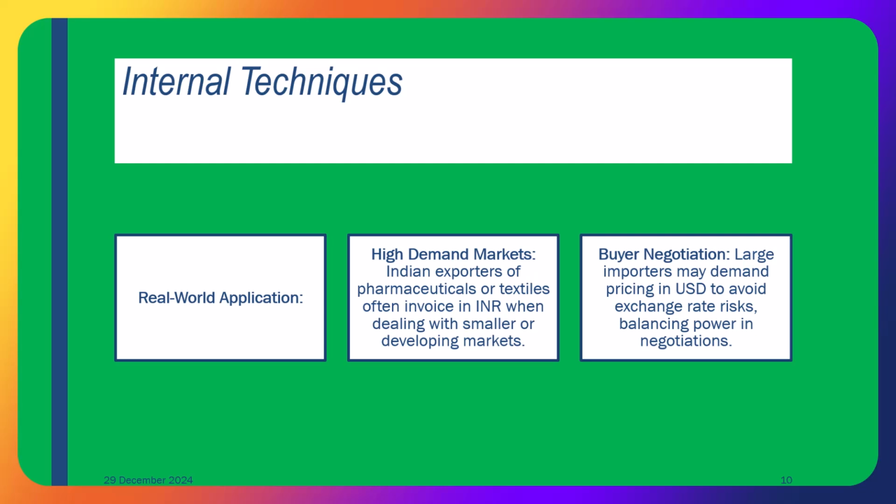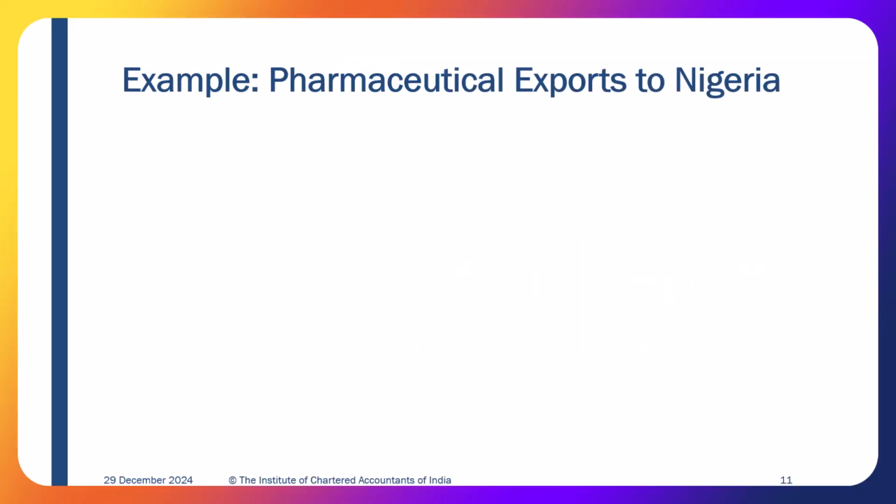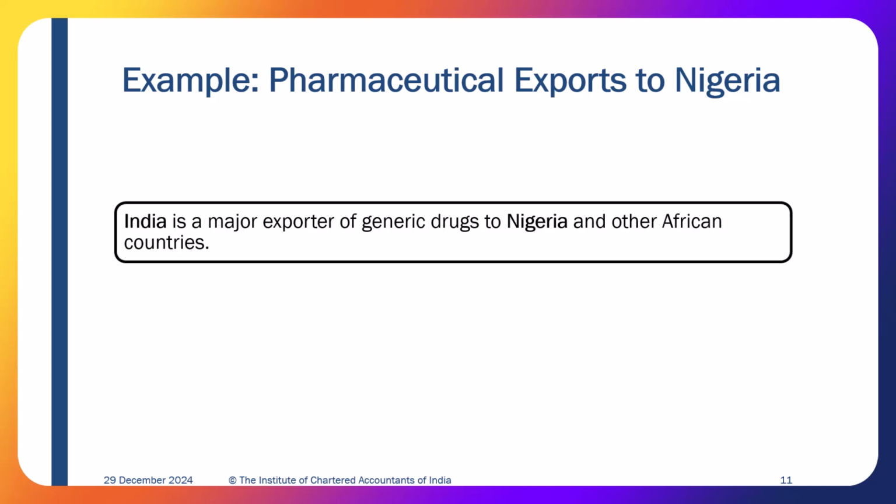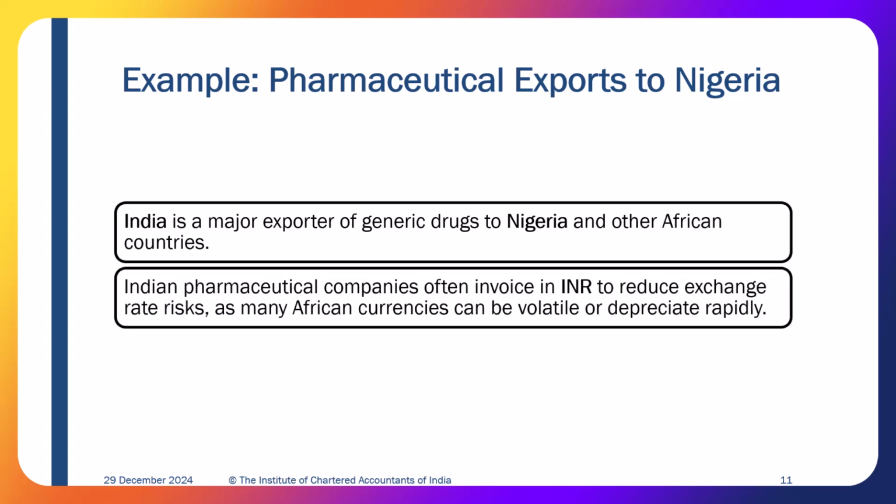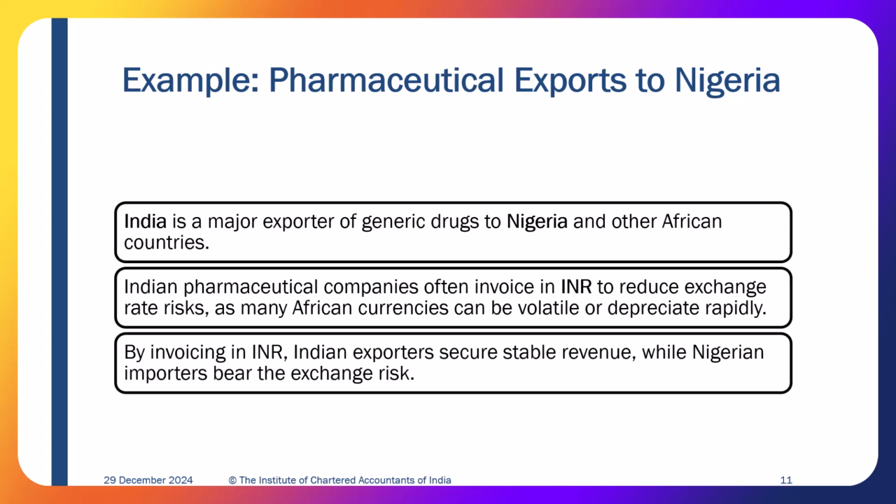For example, pharmaceutical markets, exports to Nigeria. India is a major exporter of generic drugs to Nigeria and other African countries. Indian pharmaceutical companies often invoice in INR to reduce the exchange rate risk, as many African countries' currencies can be volatile or depreciate rapidly. By invoicing in INR, Indian exporters secure stable revenue while Nigerian importers bear the exchange risk.